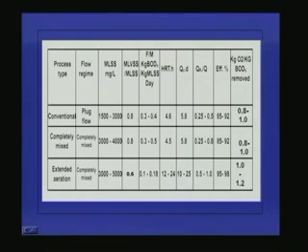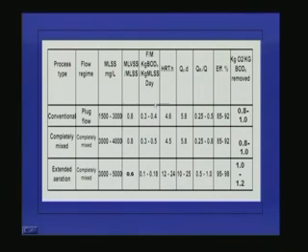Here the process, flow regime and the concentration required, everything is given. I will just read out. If you are going for a conventional activated sludge process, and the flow regime is plug flow, the MLSS concentration varies from 1500 to 3000 milligram per liter and the ratio of MLVSS by MLSS is 0.8.